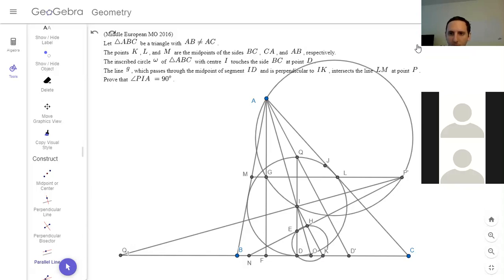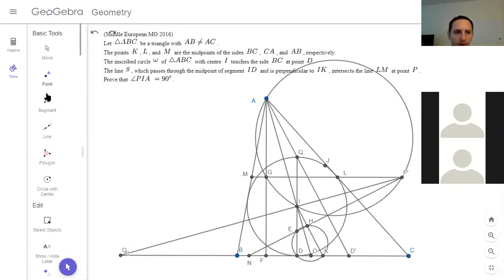So IO is the bisector of DIK. So then Q, I, O, D, K are in harmonic conjugation. I like it. And we can project through I onto the circle. So A, P prime, but we don't know where D and K go. Maybe it's still worth doing it.